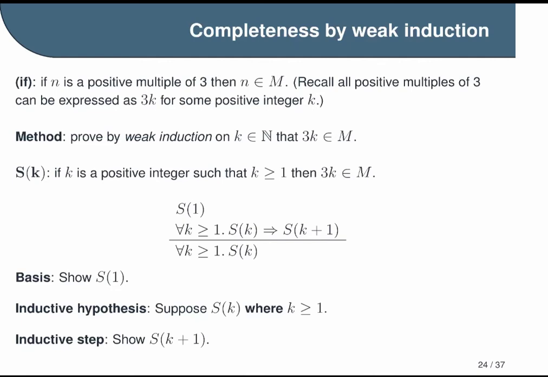So as usual, we'll start with the basis. And in the basis case, we have S of 1, and that means that our k is equal to 1. So remember, our question is, is 3k in the set M, right? And so when k is equal to 1, that's a question, right? We haven't proved that. We're trying to get there.